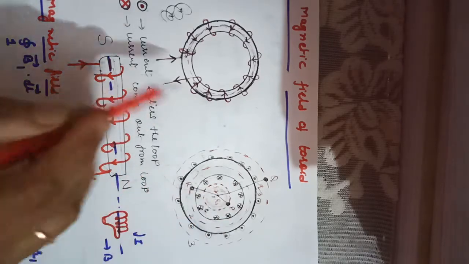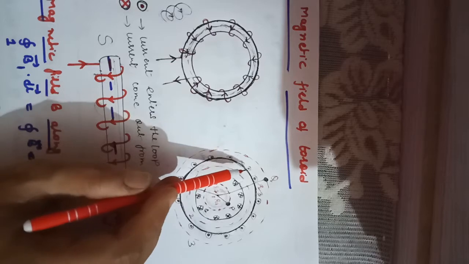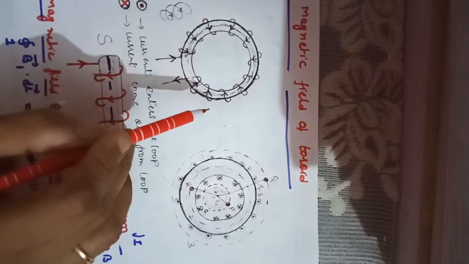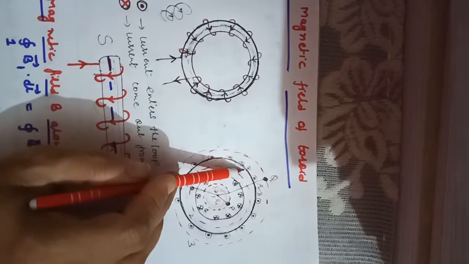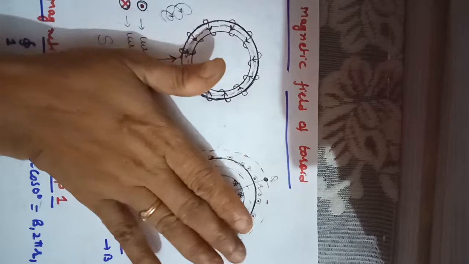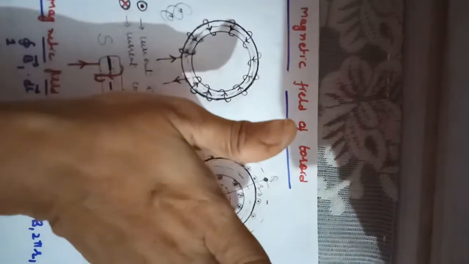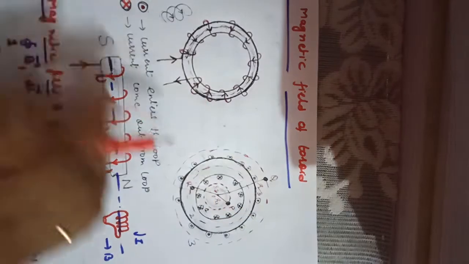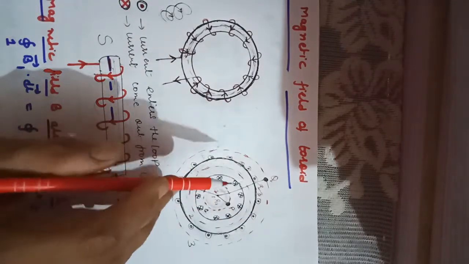You all know very well that current follows the algebraic sum. So this is the direction of current which is outward, and this is the direction from the lower phase inward. Both the directions are opposite but the current is the same.